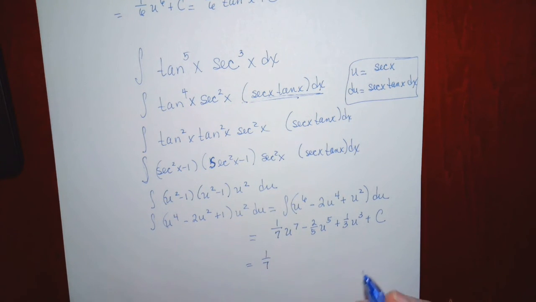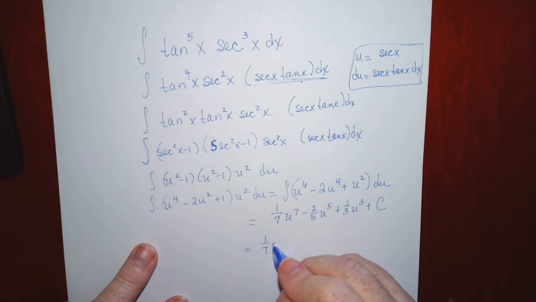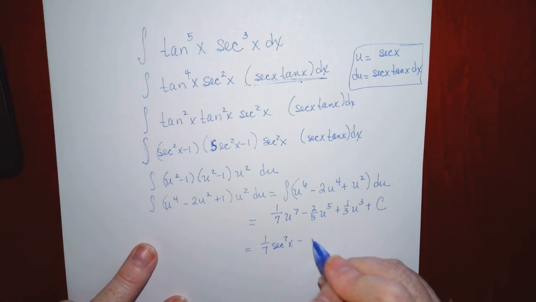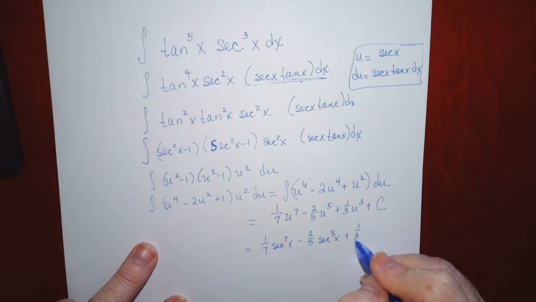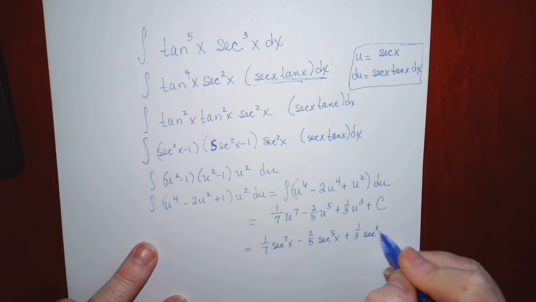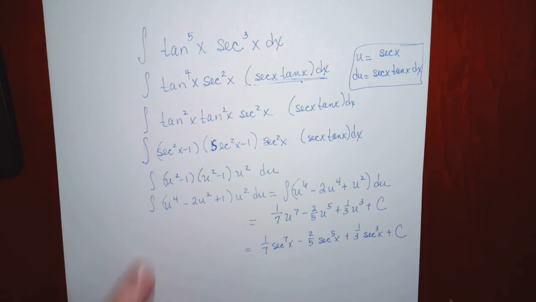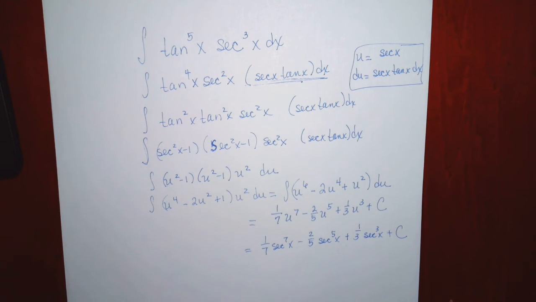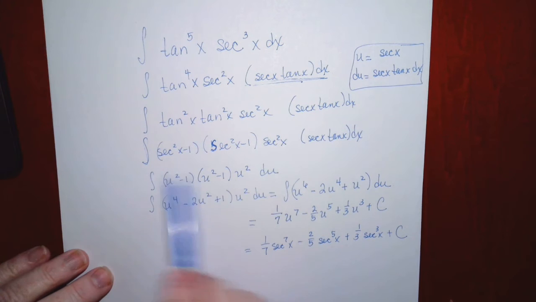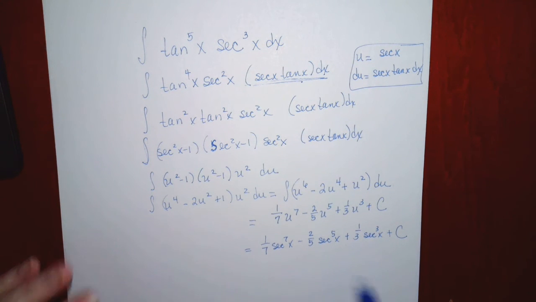Well, that'll be 1/7 times secant to the 7th minus 2/5 times secant to the 5th plus 1/3 times secant cubed plus c. Notice the bigger the exponents get up here, the bigger the painful process is as far as how much you have to go through as far as simplification is concerned and all that good stuff.